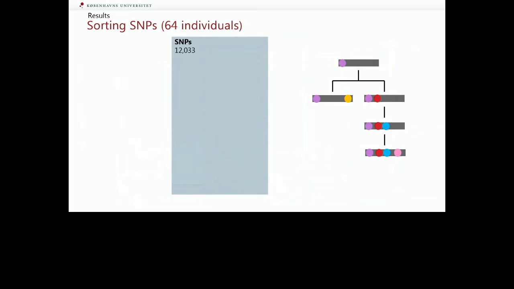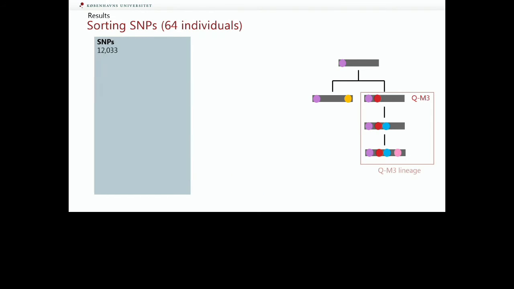So when we try to put these SNPs, now starting with the SNPs that were only found in the 64 individuals, into context relative to the lineage that we're interested in, the QM3 lineage, we can look at this pedigree or this phylogenetic tree on the right side. And let's say this red mutation is the mutation that introduces the QM3 lineage. Then we speak of all of the variations that follow, including this red one, that belong to the QM3 lineage.